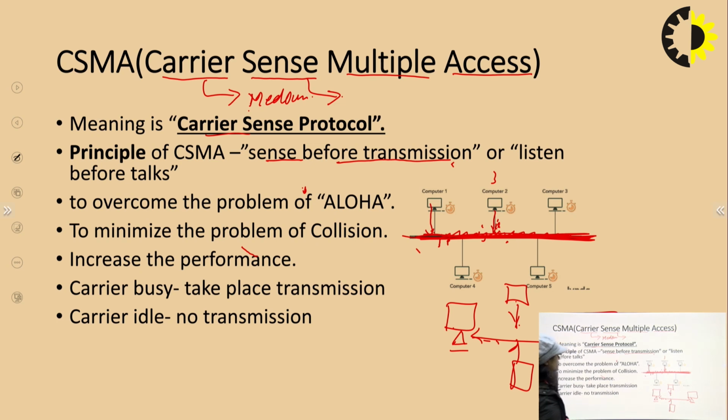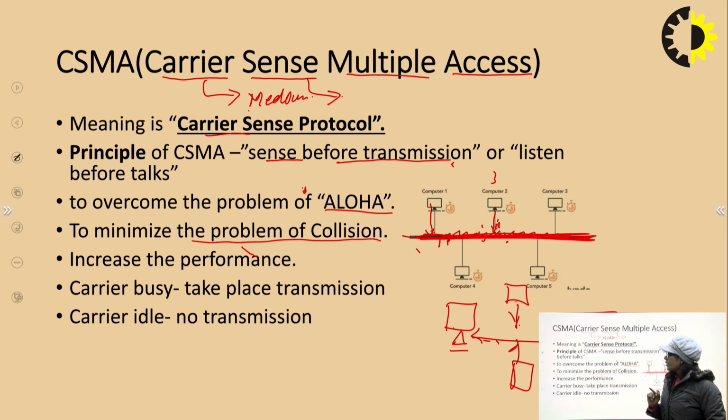So to overcome the problem of Aloha, what is the problem within Aloha? This is the problem of collision. So carrier sense multiple access overcomes the problem of Aloha and minimizes collisions. If the number of collisions decreases in the network, there is a possibility of increased performance, because if collisions occur less often, you experience smooth transmission of your data.